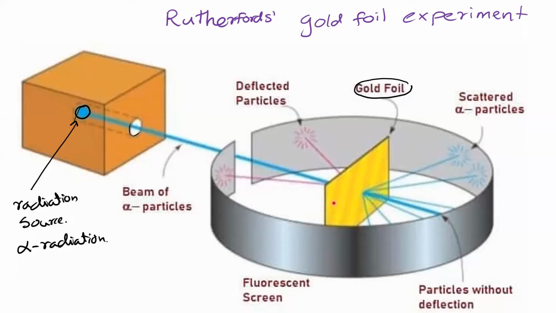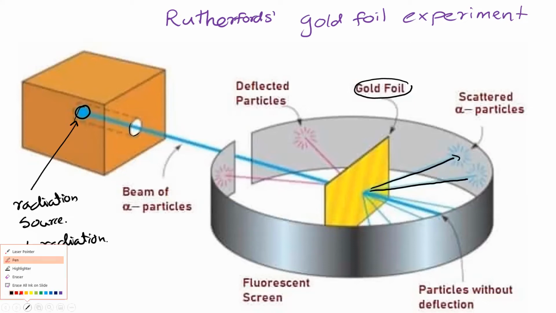And then he noticed that there are some alpha particles that actually deflected with a very large angle. You see these alpha particles, they have a very large deflection. This one, they deflect in a large angle.